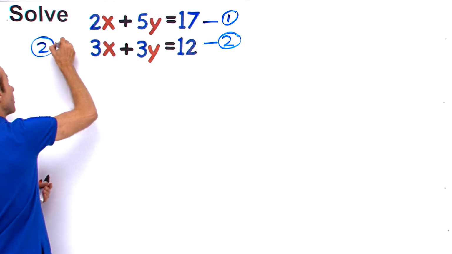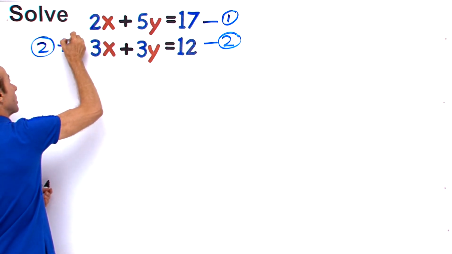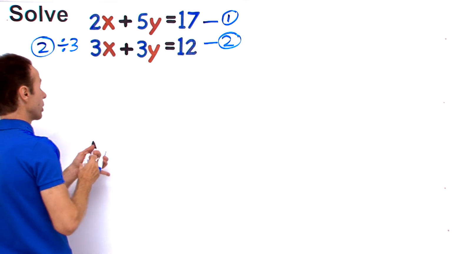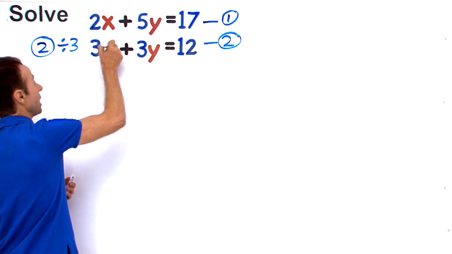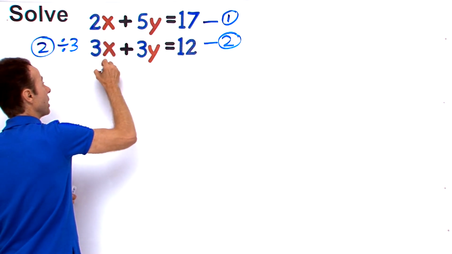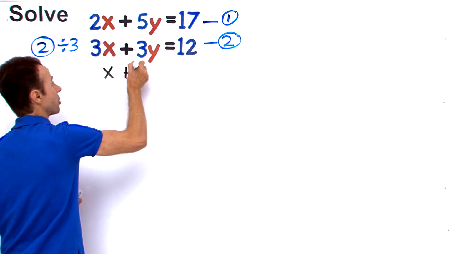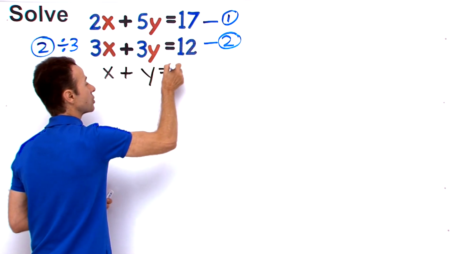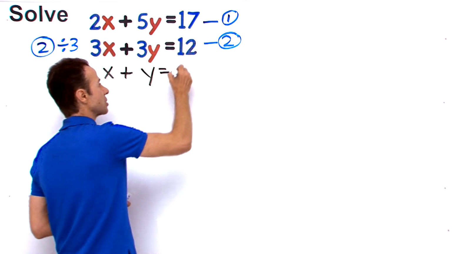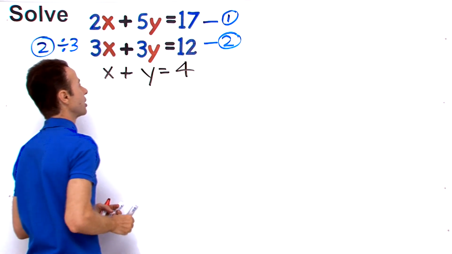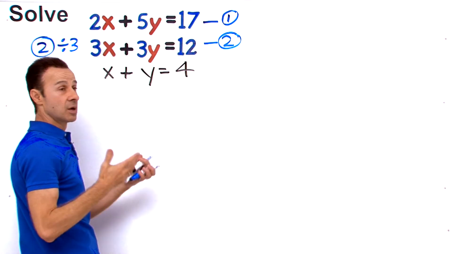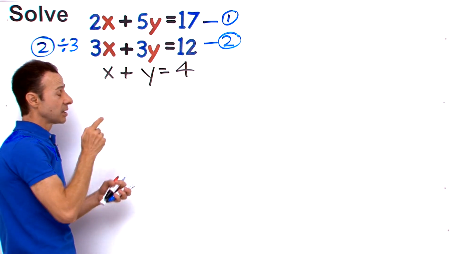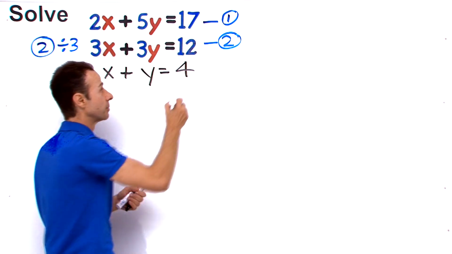Dividing by 3, 3x divided by 3 is 1x, plus 3y divided by 3 is just y, and that equals 12 divided by 3, which is 4. That's our new equation, x plus y equals 4. The good news is we have coefficients of 1 for the x and y. Let me mark that up as equation number 3.